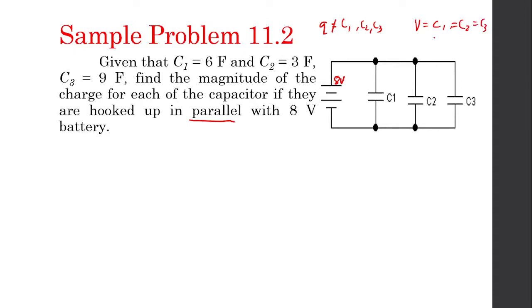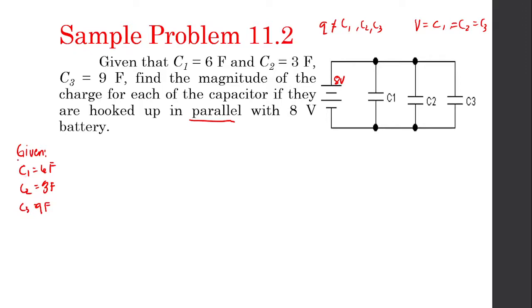So how are we going to solve this? Well, we can write our given. C1 is equal to 6 farads, C2 is equal to 3 farads, and C3 is equal to 9 farads.